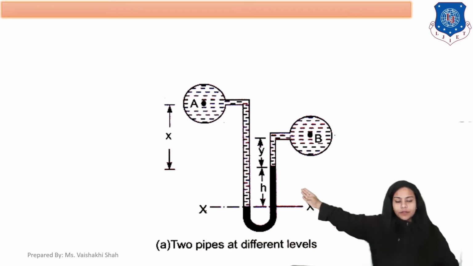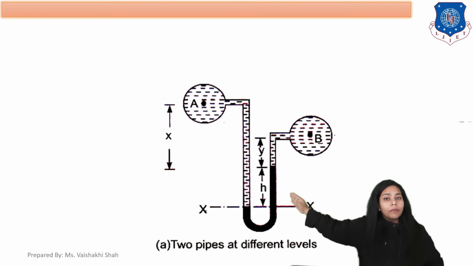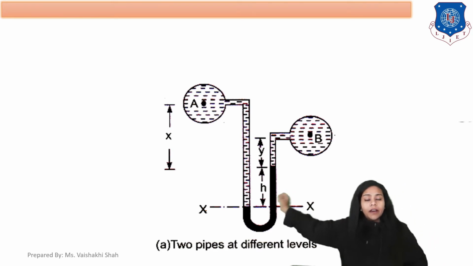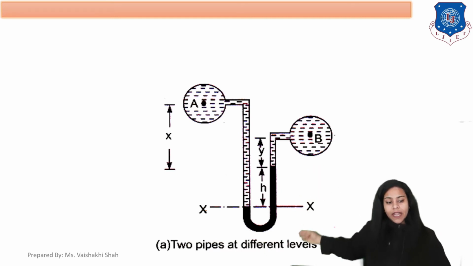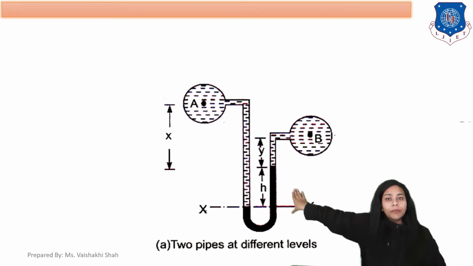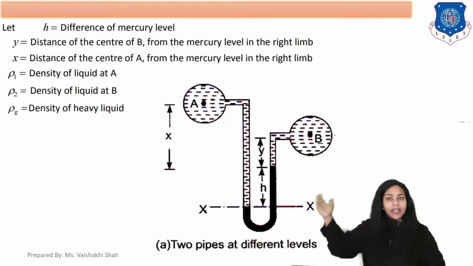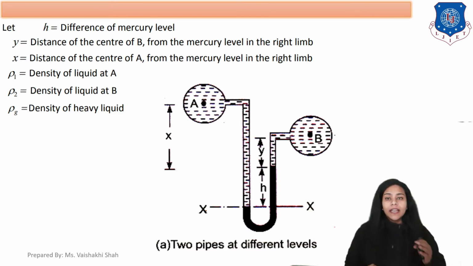Here, as you can see, h is the rise of mercury, because the liquid from pipe A applies pressure in the downward direction and the mercury moves upward. So h is the height of rise of mercury. Clear? h is the difference of mercury level.